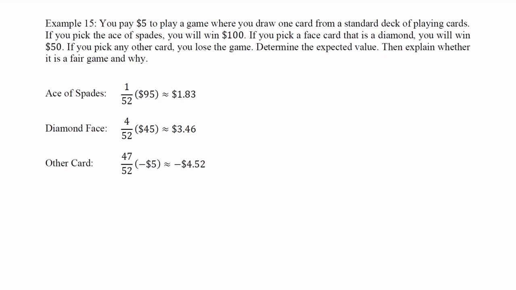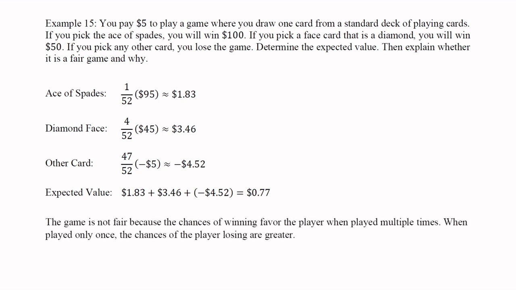If you pick any other card than the ace of spades or a diamond face, there are 47 cards in the deck that are neither of those, and we're going to multiply that by the $5 that you lost, so -5. And that gives us a negative $4.52.